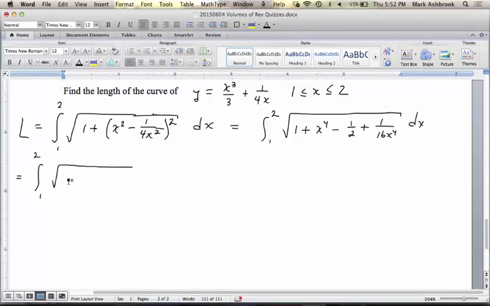And we'll have x to the 4th plus 1/2 plus 1 over 16 x to the 4th, dx.